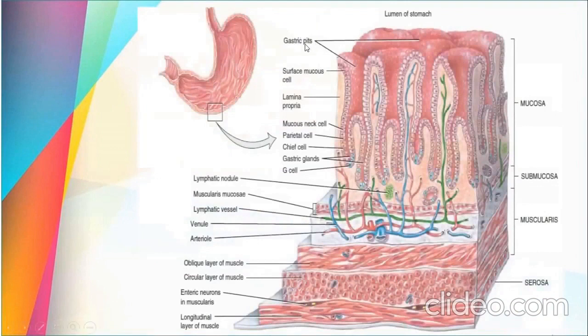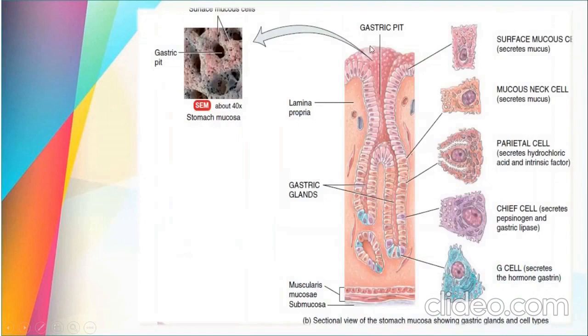Now see, these are the gastric pits, lamina propria, mucous neck cell, parietal cell, Chief cell, gastric gland, and the G cells. Here is the mucosa, submucosa, muscularis, and here is the serosa. Now see in this, we have the gastric pit, surface mucosa, mucous neck cells, parietal cells, Chief cells and the G cell.